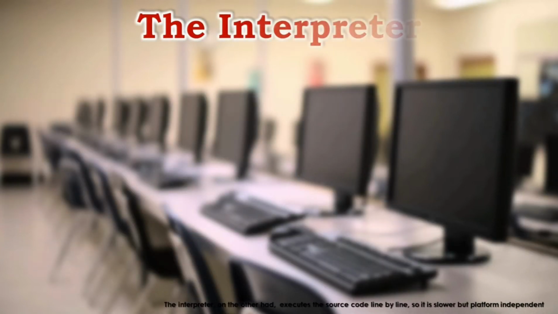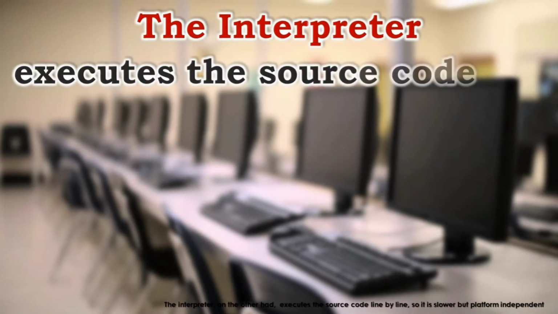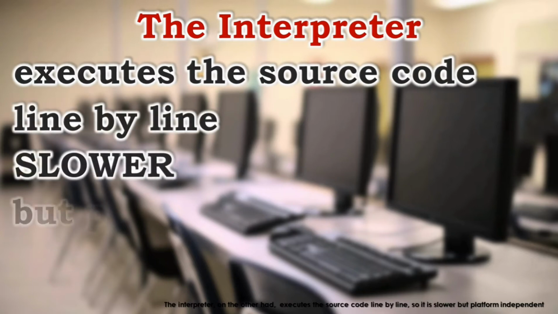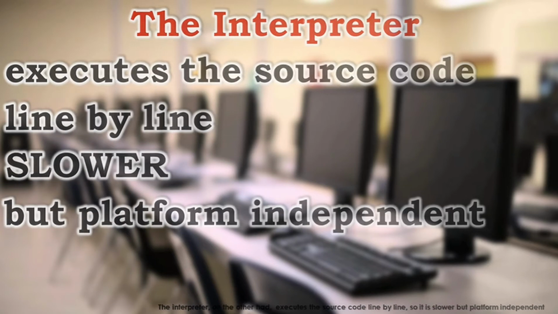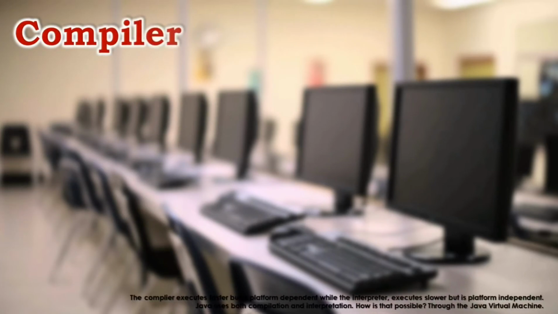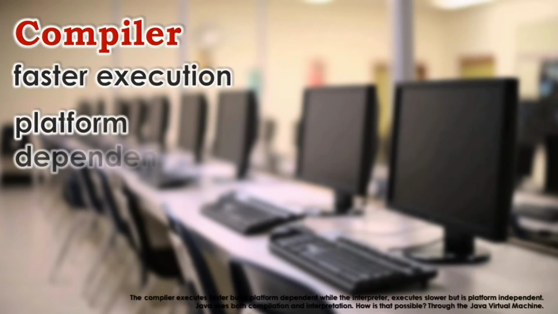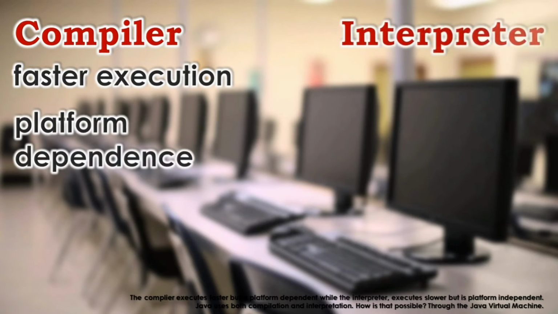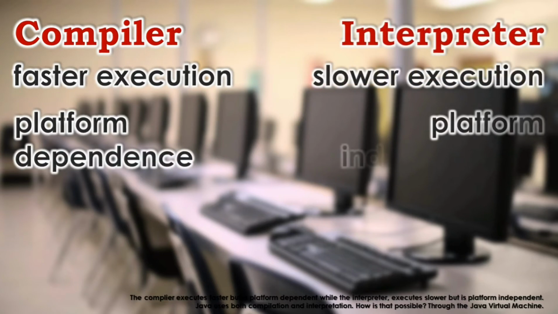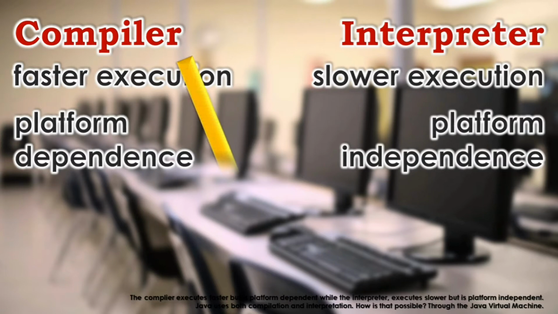The interpreter, on the other hand, executes the source code line by line. It is slower, but it's platform independent. For comparison, the compiler executes faster, but is platform dependent, while the interpreter executes slower but is platform independent.